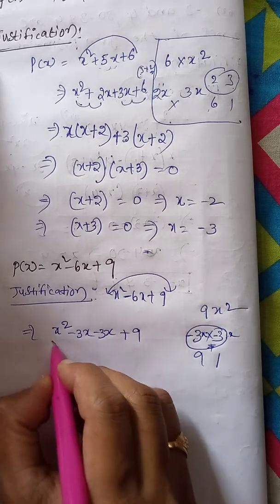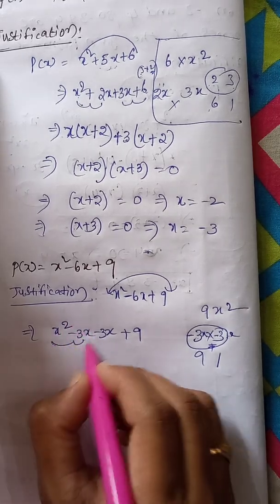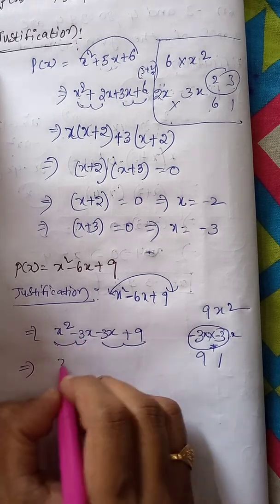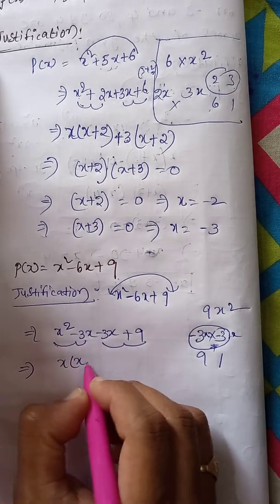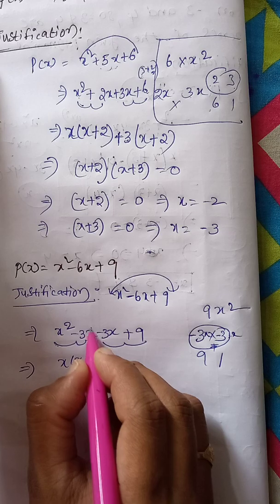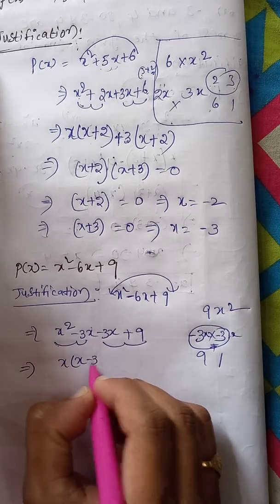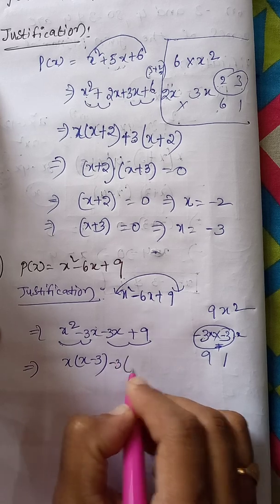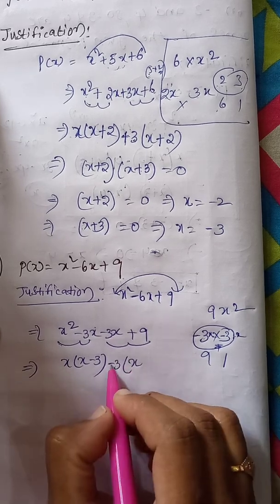In these two terms, consider them as one pair, and these two terms as another pair. In these two terms x is common, we are left with x, and here x is common, we are left with minus 3.